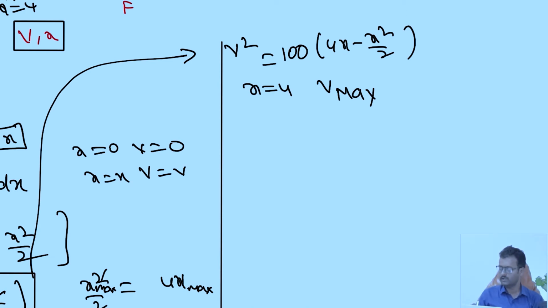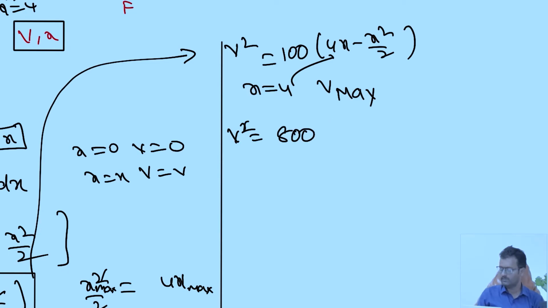Substitute x equal to 4 in this equation, then we get v square is equal to 100 into 4 into 4 minus 4 square by 2. 4 into 4 means 16, and 4 square means 16, half of it is 8. 16 minus 8, that is 8. 8 into 100, that is 800.